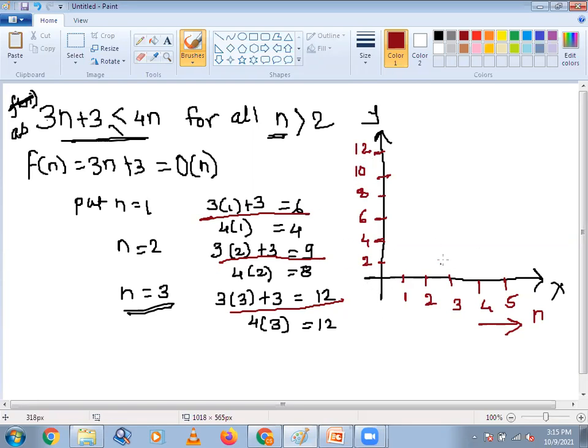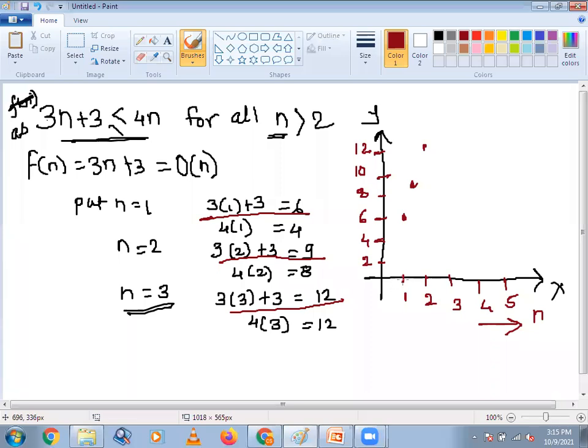For 1, the value is 6. For 2, the value is 9. Then for 3, the value is 12. So the function starts from here.